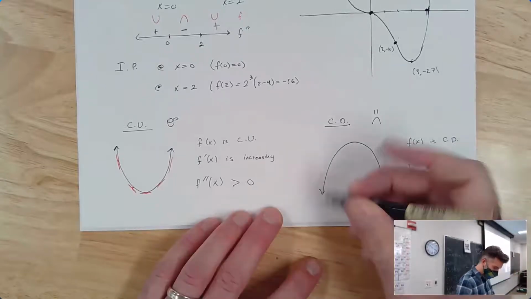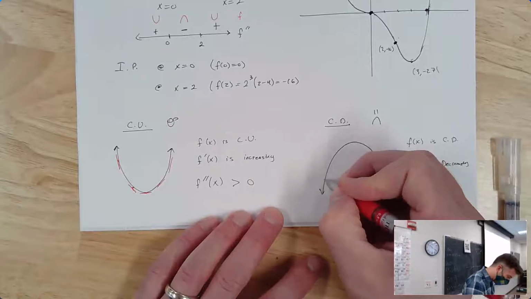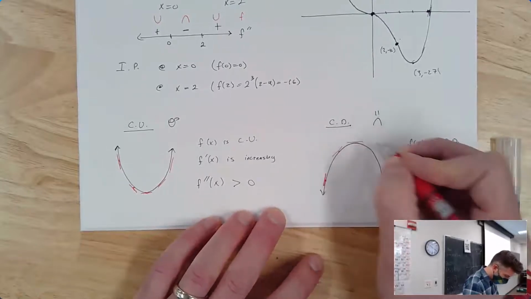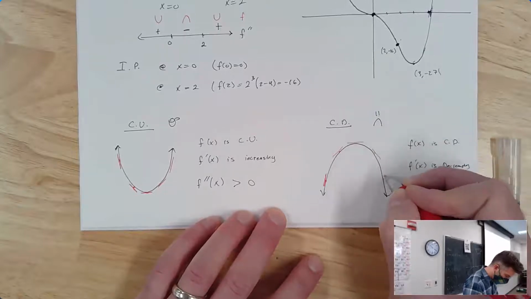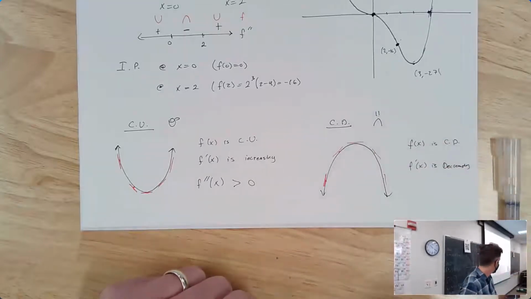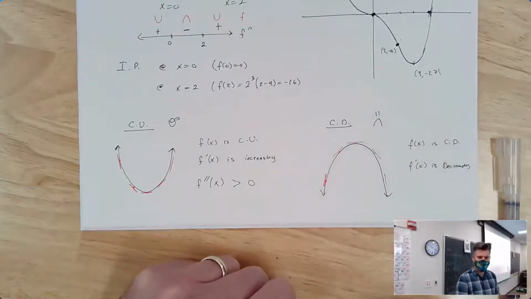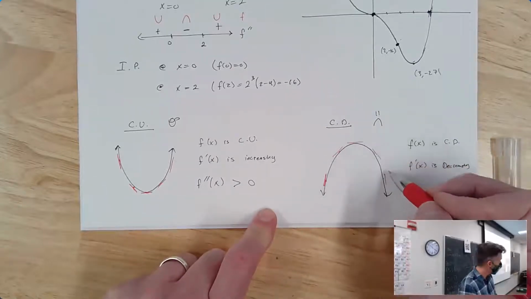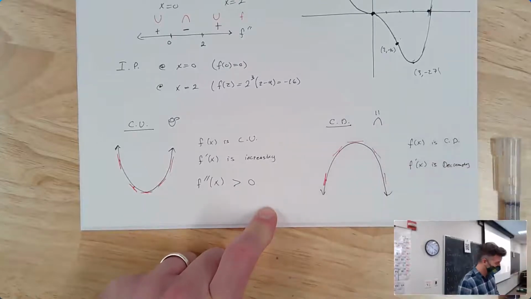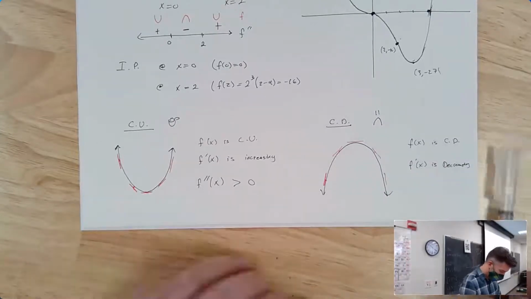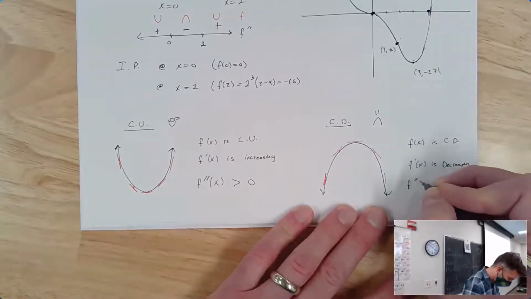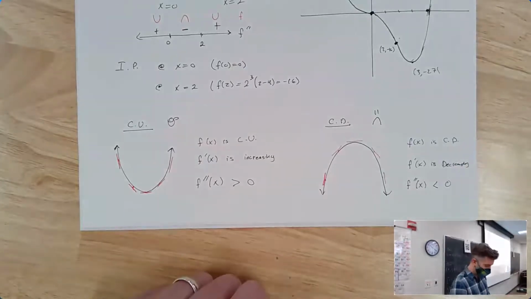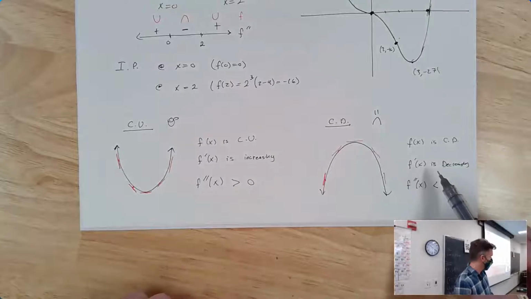It starts off being super positive, very positive derivative, less positive, 0, slightly more positive, more positive. Sorry, I said that backwards. Very positive, less positive, 0, slightly negative, more negative. So the derivative is decreasing, and the second derivative is negative because the rate of change of the first derivative is negative.